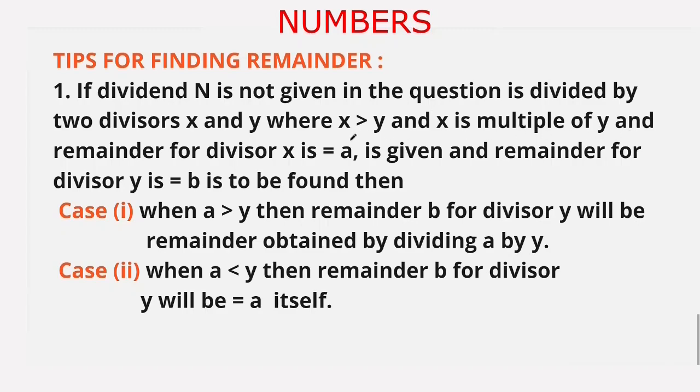Here it is important that x is greater than y and x is multiple of y, and remainder for divisor x is equal to a is given, and remainder for divisor y is equal to b is to be found, then case 1, when a is greater than y, then remainder b for divisor y will be remainder obtained by dividing a by y, and case 2, when a is less than y, then remainder b for divisor y will be a itself.